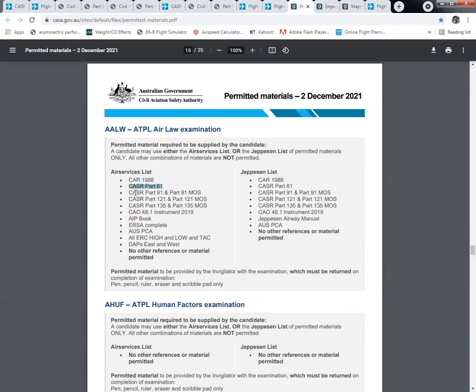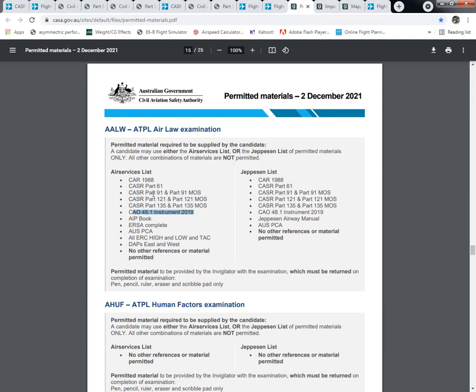Good old Part 61 for licensing, which we've had in the exams for a few years already, but this new slew of CASA 91 and 91 MOS, which is the bulk of the CAOs, moved over there, but also for transport operations, air transport, cargo or passengers in large aircraft, 121 and its MOS, and 135 for smaller aircraft and the 135 MOS, and good old 48.1 CAO as well. So that's the last CAO. That's the only legacy CAO.